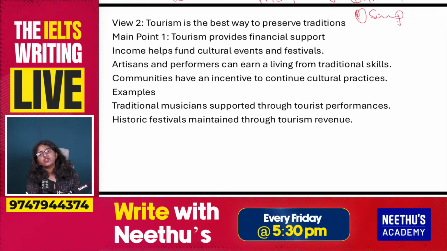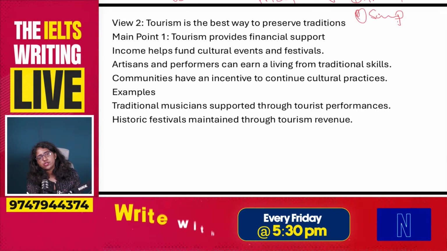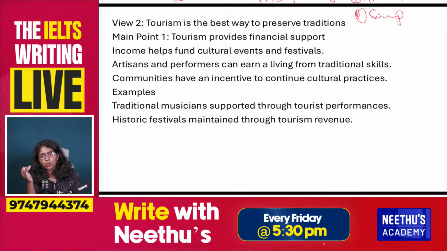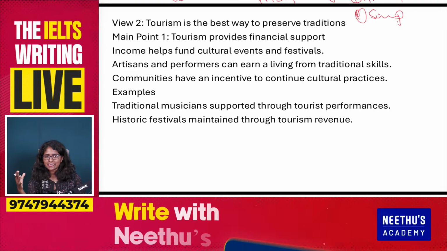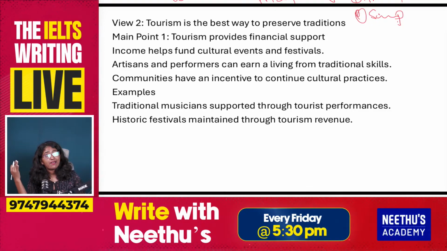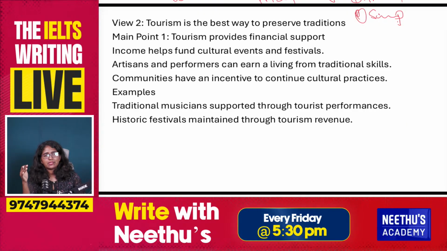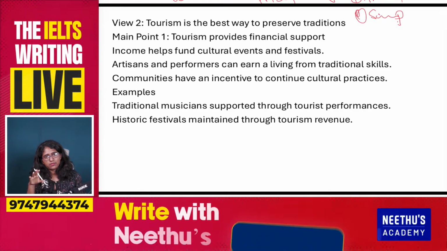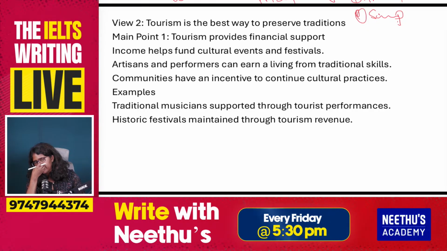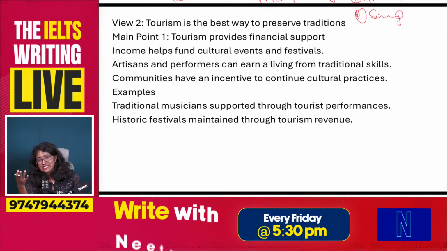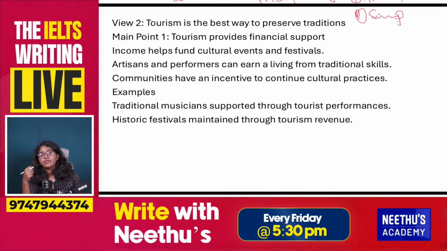So traditions or cultural traditions will exist only if the artists or people performing it exist. If they have to exist, they need money. So tourism can bring money that can help the artists and the performers exist, survive, and thereby saving the act.